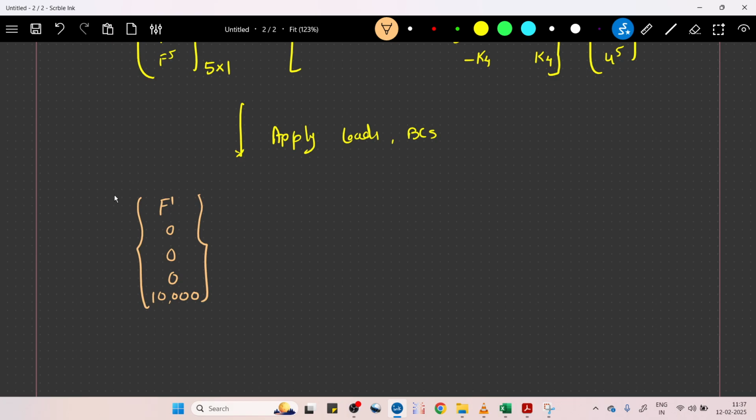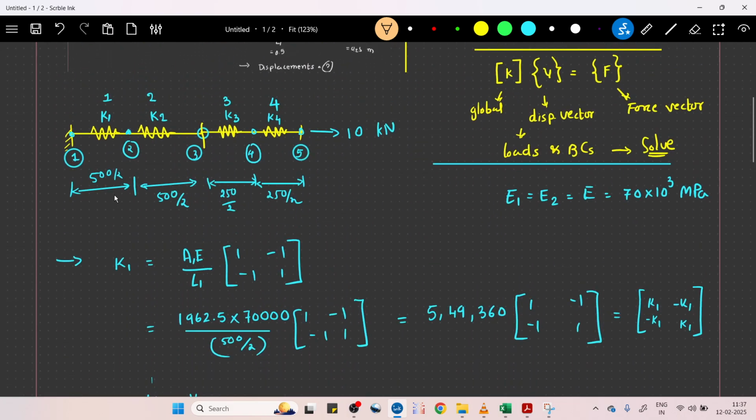You might ask, what about 2, 3, 4? They might also get reaction force, right? The thing is, if we take node 2, it is shared by these two elements. When we consider these two elements separately, node 2 will have a force.